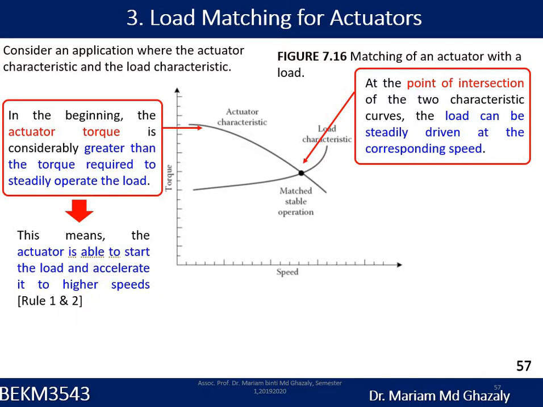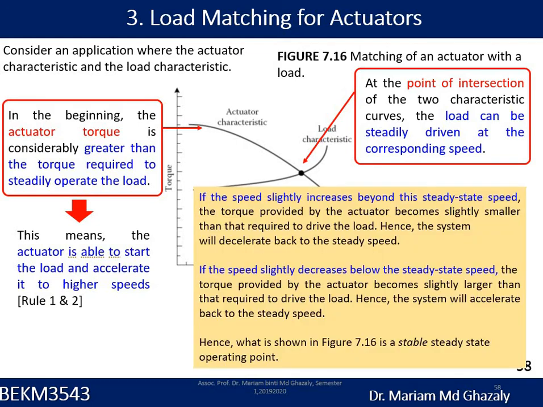Okay, so if we have the torque speed characteristics of the load, we can plot that together with the actuator torque speed characteristics, and the point of intersection is the speed and torque required for steady state operation. At this steady state operation, if the speed slightly increases beyond the steady state speed, the torque provided by the actuator becomes slightly smaller.